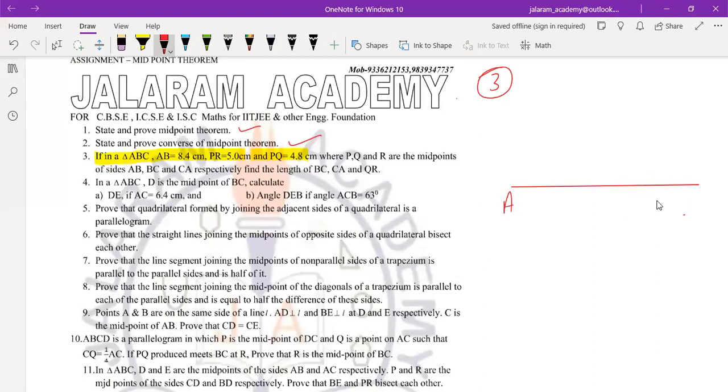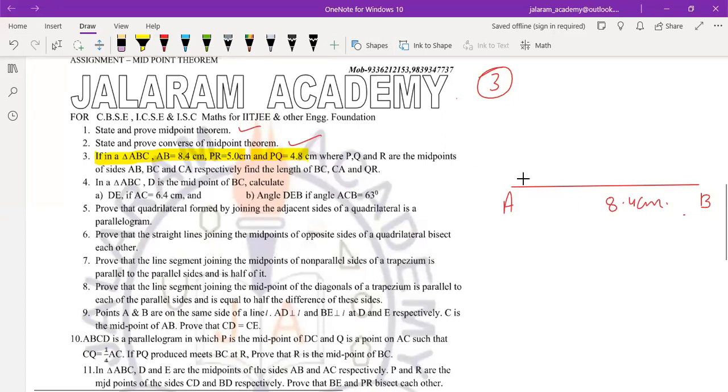If in a triangle ABC, AB equals 8.4 centimeter, where P, Q and R are midpoints of sides AB, BC and CA. So nothing is wrong, it means, na?